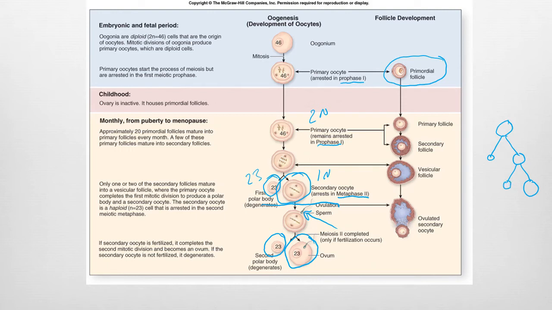So we now have two cells there. That first polar body is going to divide again, and we end up with 4 total cells. But 3 of those cells are non-functional. We'll see that when we talk about the male reproductive cycle that we're going to go from a single cell into 4 functional cells.